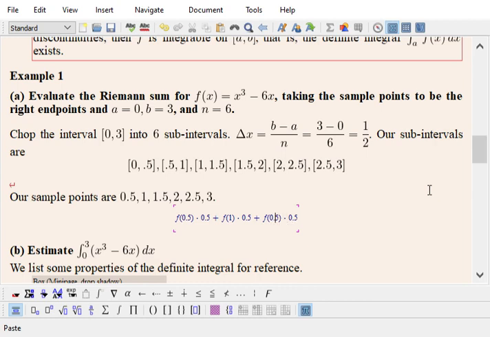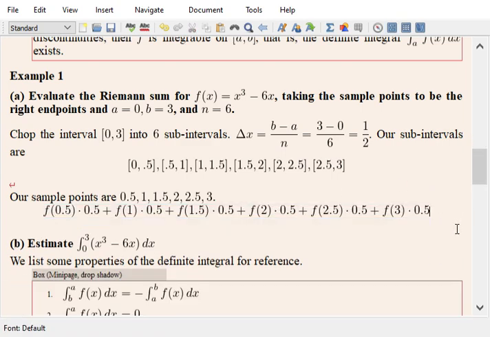The next sample point is 1.5. The next sample point is 2. The next sample point is 2.5. The next sample point is 3. Okay? So there's the Riemann sum.